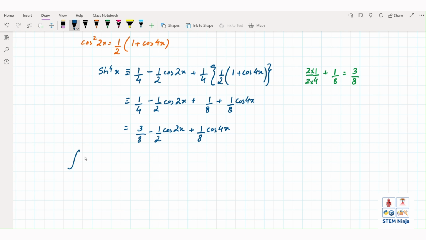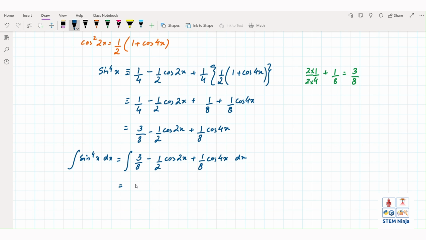Now, back to integration. To integrate this would be equivalent to integrating 3/8 minus 1/2 cos 2x plus 1/8 cos 4x dx.